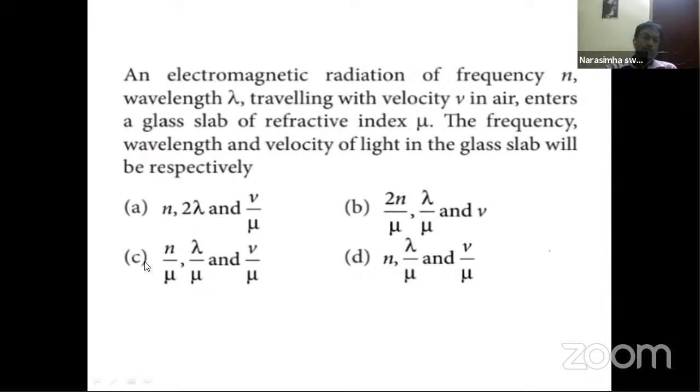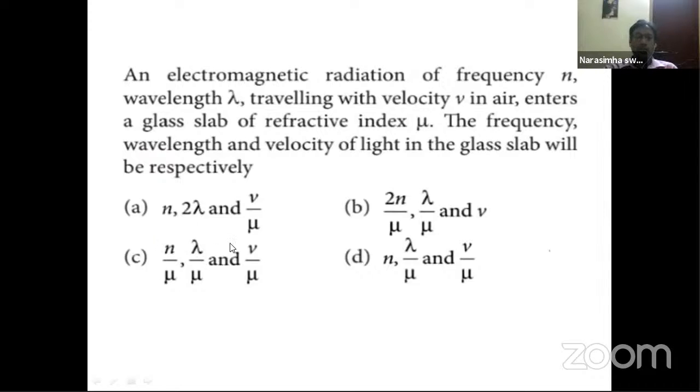Coming to the third option, look at the frequency here: it is divided by mu, the refractive index. The frequency will never change when the medium changes; it remains constant. But the frequency is changing here.